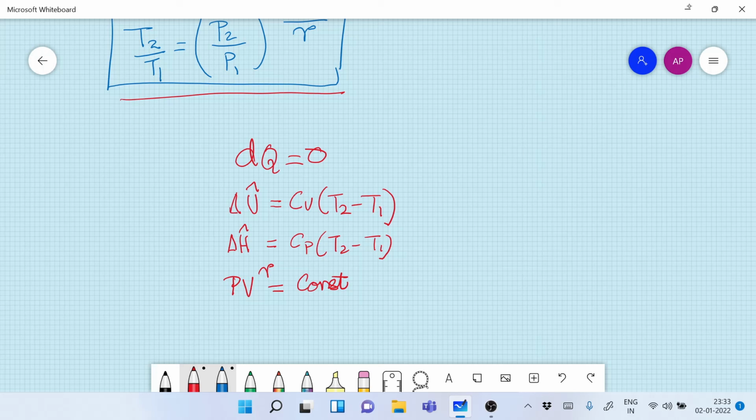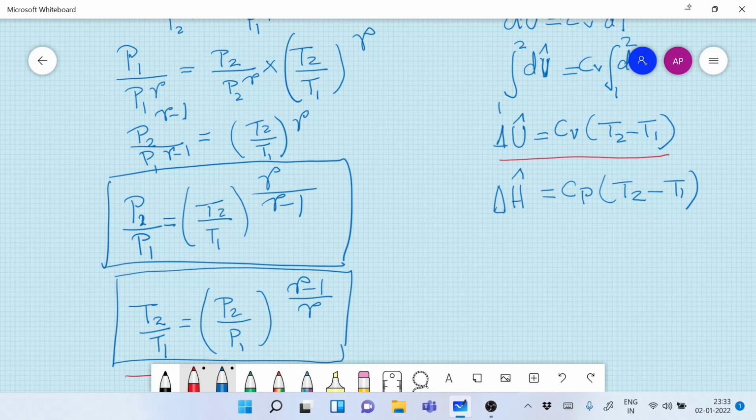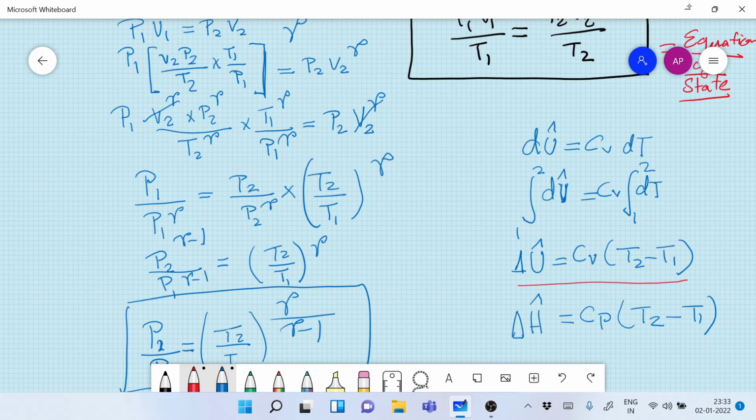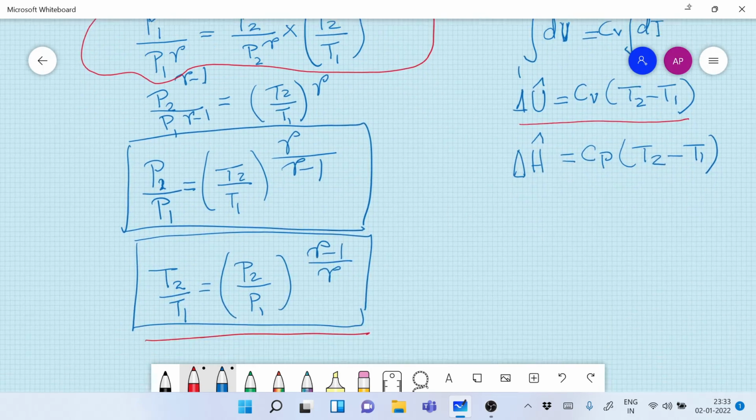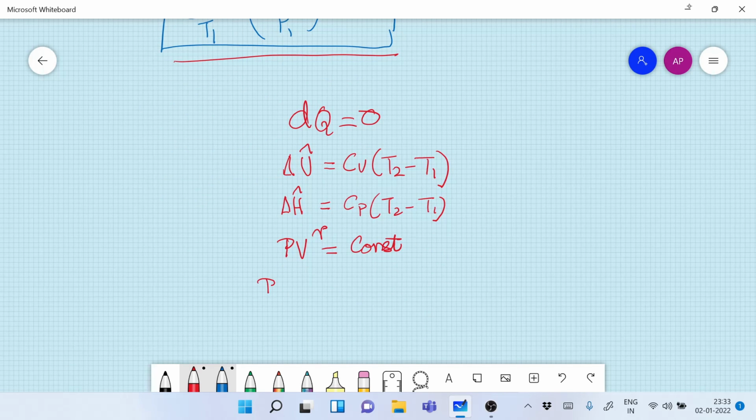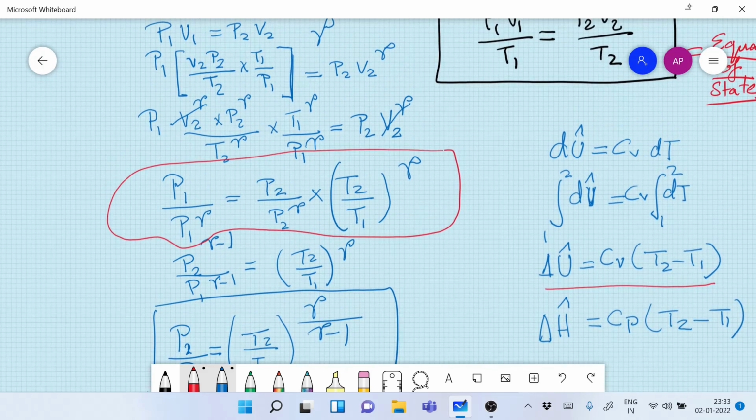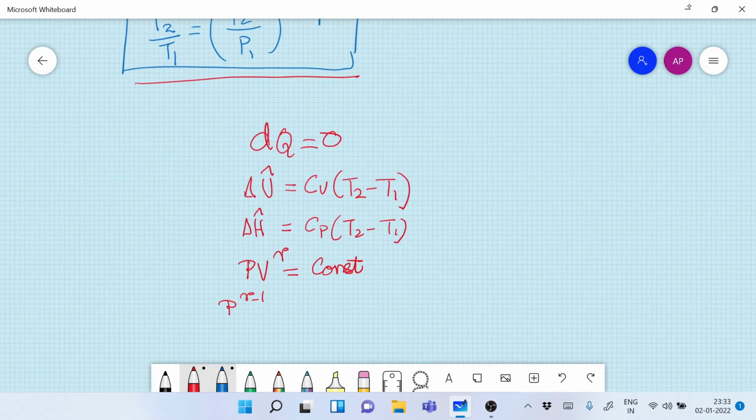Also, looking at this equation, we can say T the whole raised to gamma P the whole raised to gamma minus 1 is also equal to a constant.